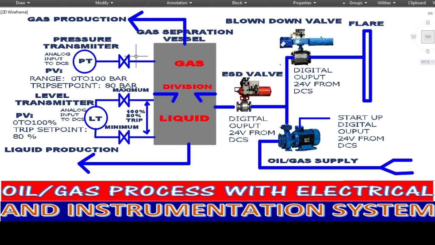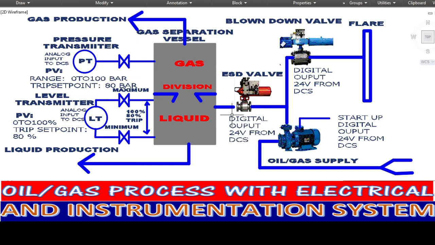Once the pressure reaches 80 bar, the pressure transmitter will send a signal to the DCS to close this ESD valve. Once the DCS receives the 80 bar signal from the pressure transmitter, the DCS will send a digital output 24 volt signal to close this valve.